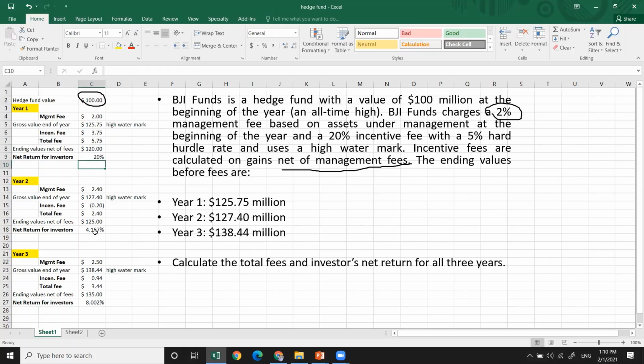And the second year generated 127.40 million. So that doesn't make enough for the managers to receive the incentive fee. The incentive fee here is a negative number, which means they don't receive anything.